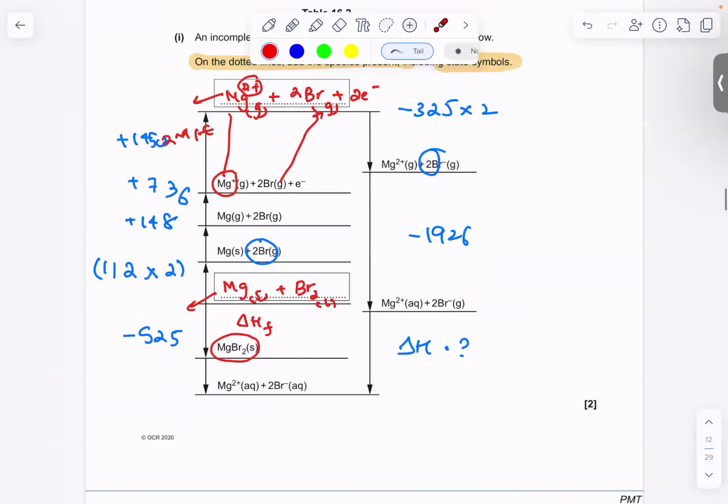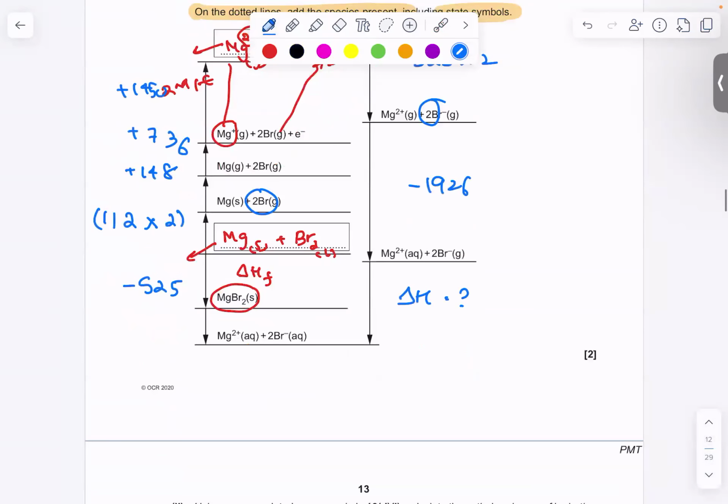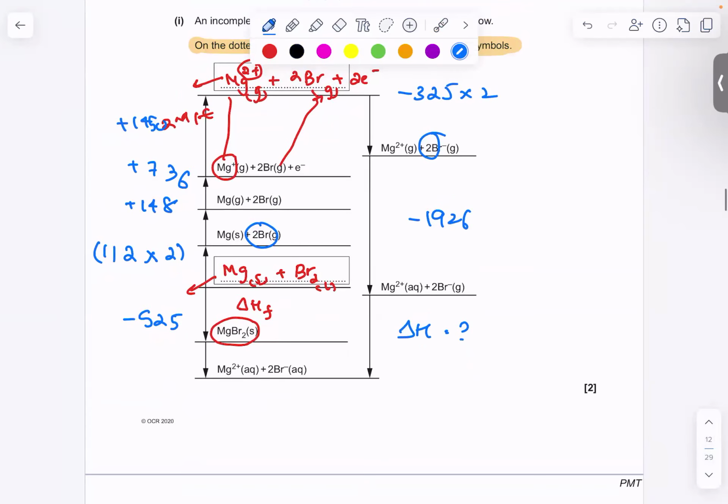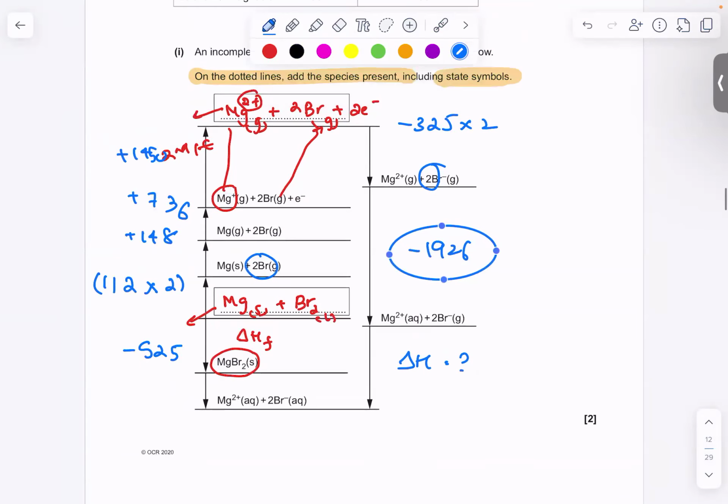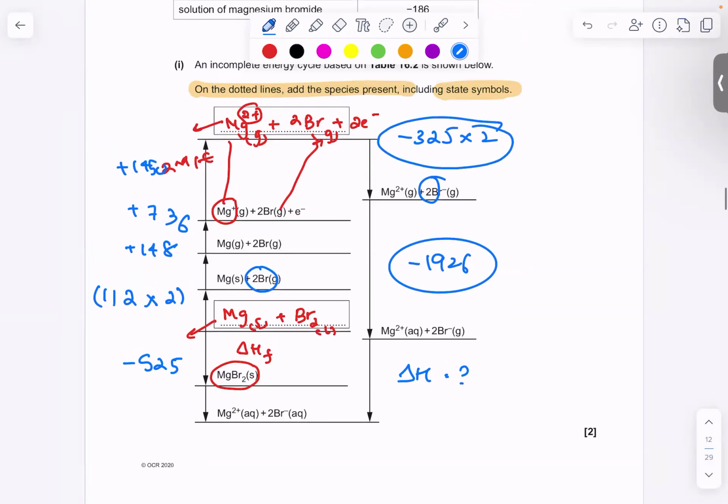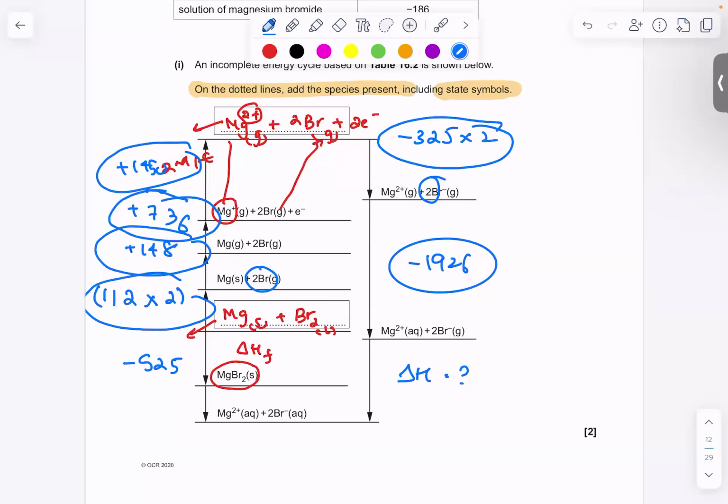There is another way in which you can do it. That is 1926, plus this, the same thing, plus this, plus this, and then this and then this and then this one, and whatever would be the answer, because this is 2 bromide, so in order to calculate for 1 you need to divide it by 2.